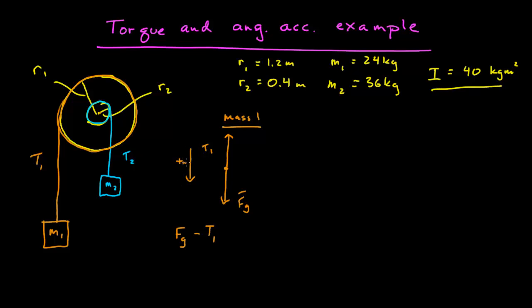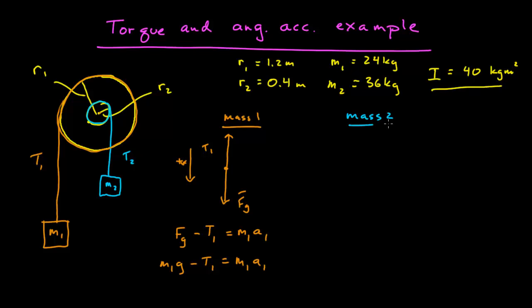This is my x here, the negative x direction, is equal to the mass of this one object, m1, times the acceleration of this one object, a1. The force of gravity on this object is m1g, so m1g minus T1 is equal to m1 times a1. All right, fine.